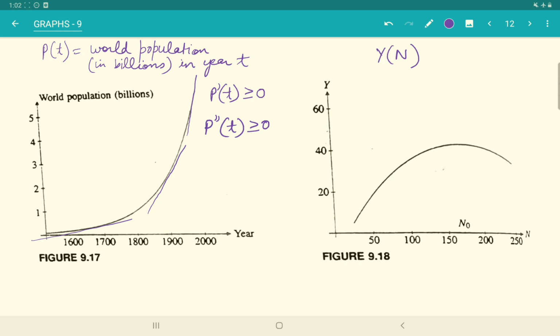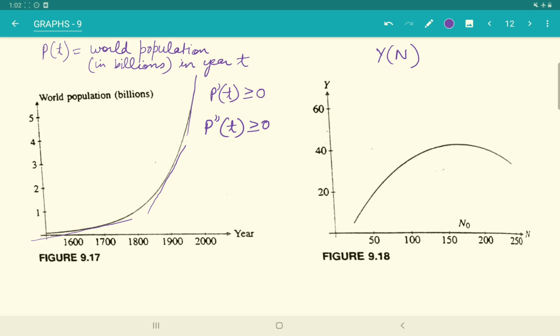This graph is actually based on the fertilizer experiments in Iowa in 1952, exactly the same question we talked about earlier.